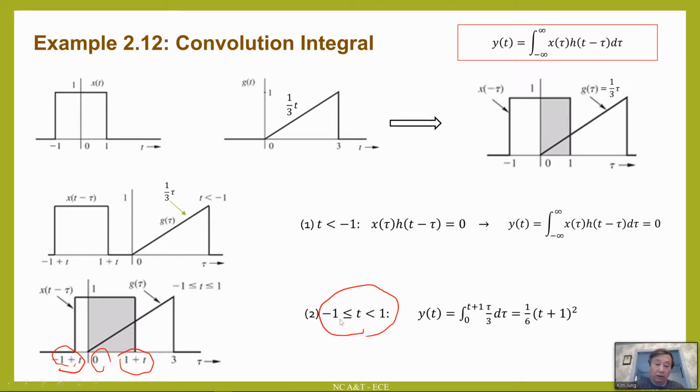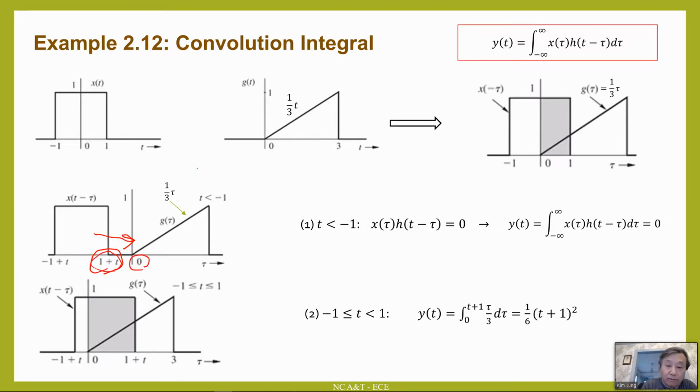That's a good question. Let me erase it first, so as not to confuse it. First you need to think about this: in order to overlap, it shifts to the right depending on the t value, and eventually this position is greater than 0.